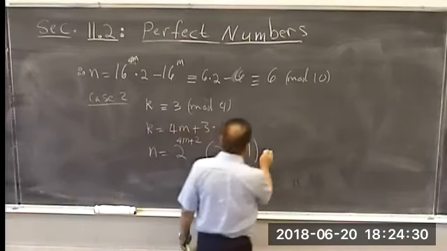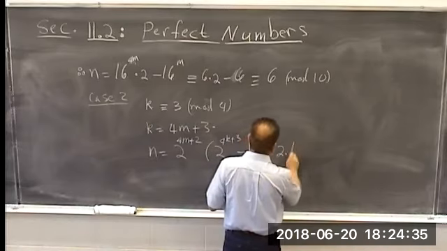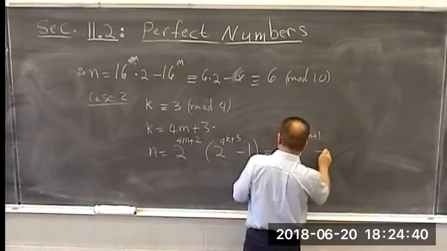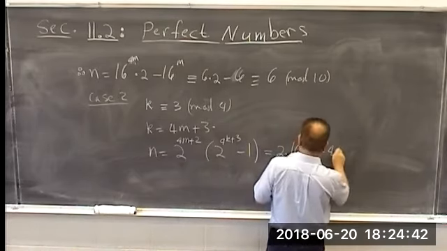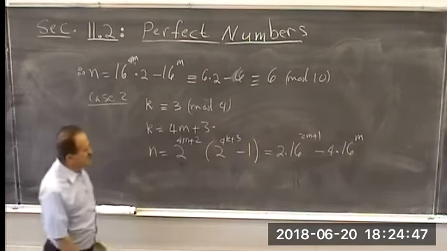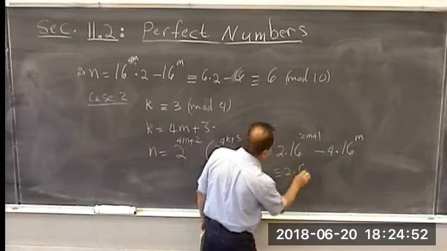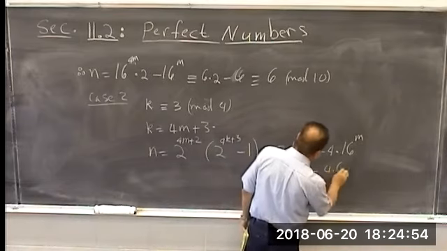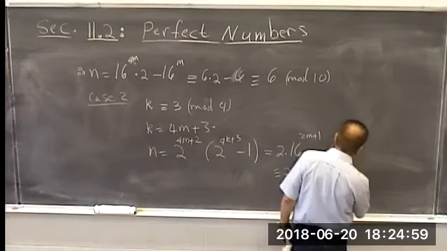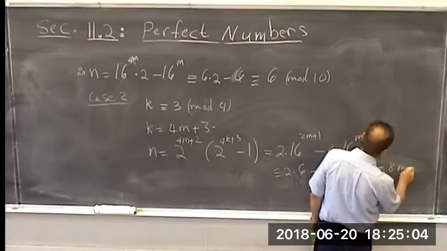Just multiply these out and simplify, and you're going to get 2 times 16^(2m+1) minus 4 times 16^m. After you make them powers of 16, apply the same thing. This is congruent to 2 times 6 minus 4 times 6. Altogether, this gives me negative 12, and this is congruent to 8 mod 10.